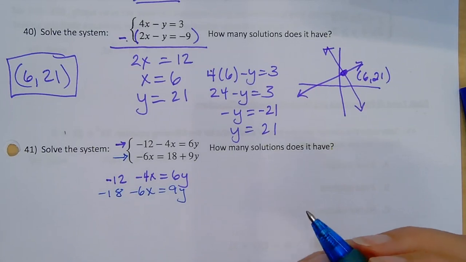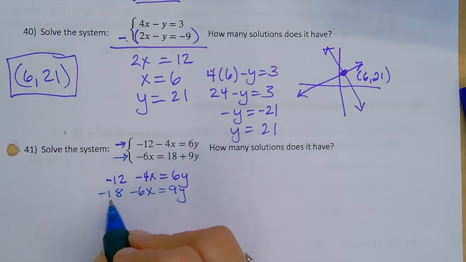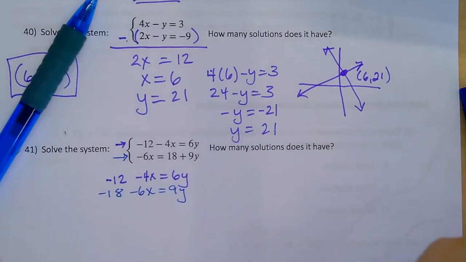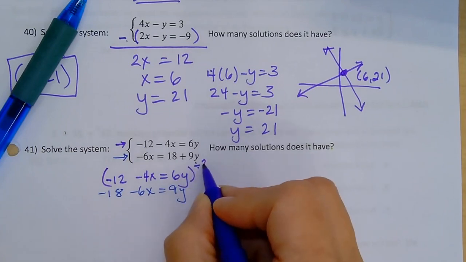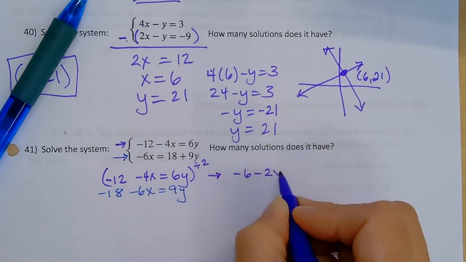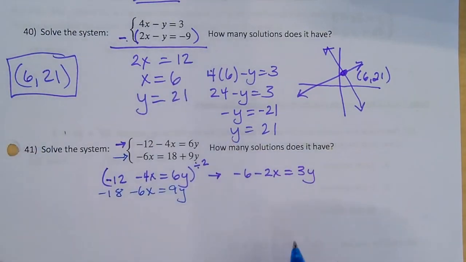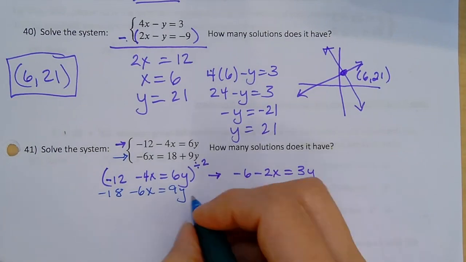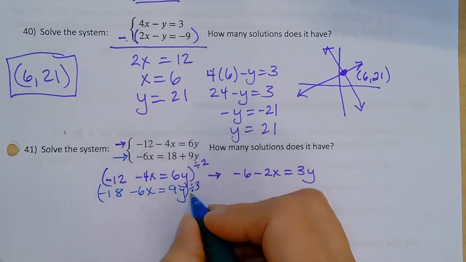So with elimination, if I want to get rid of either the x or the y, let's see, if I divide everything in this purple one by 2, every single thing, I end up with -6 minus 2x equals 3y. I did that because I'm looking for things I'm going to be able to eliminate. I'm going to divide the entire bottom equation by 3.